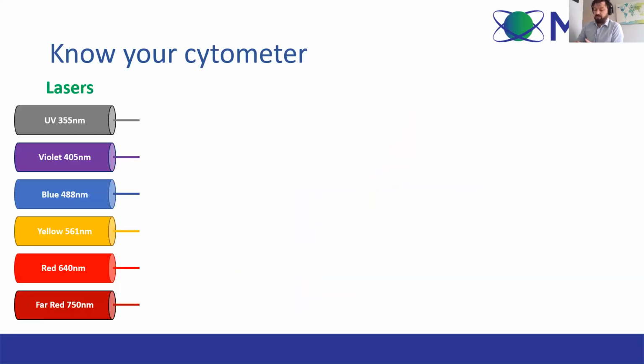So the first part, I'm just going to go into a little bit of detail on some of the particularly important bits in terms of multicolor panel design. The first part of the cytometer are the lasers. As we all know, a laser is a light source which emits a very specific wavelength of light. This light in the cytometer is directed towards your cells and is used to excite your fluorophores.